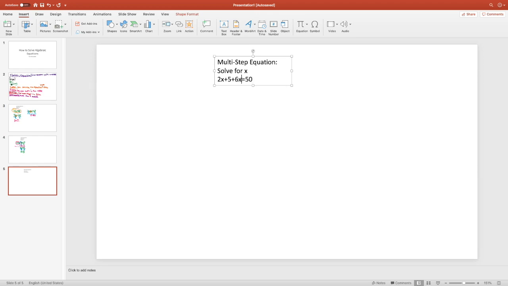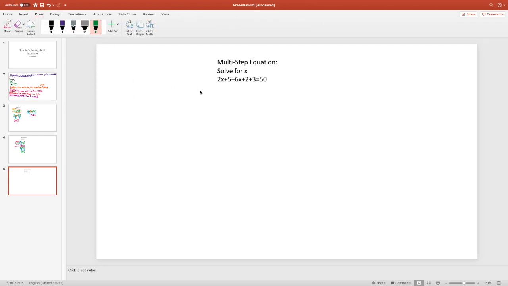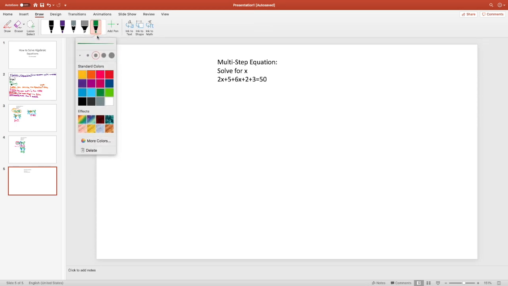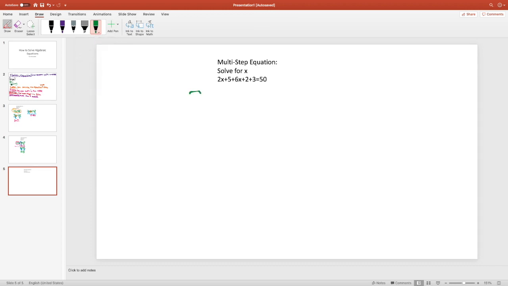This might look confusing, but it's not confusing at all. This is what the colors would help you do. So let's rewrite the equation: 2x plus 5 plus 6x plus 2 plus 3.